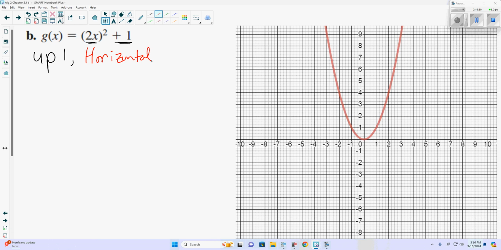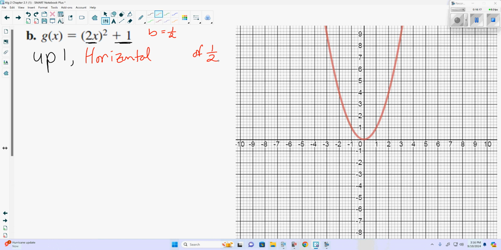Now, before we talk about stretch or shrink, with horizontal, before we can determine it, we have to flip that value b. Since they gave us a value b of 2, we flip it, and it becomes 1 over 2.